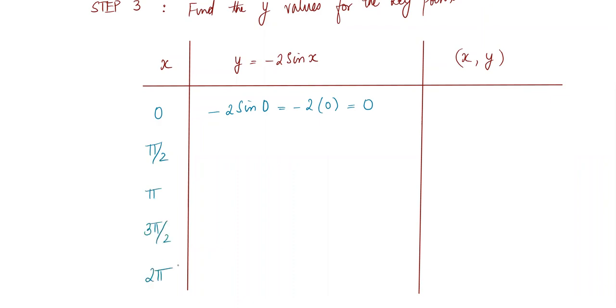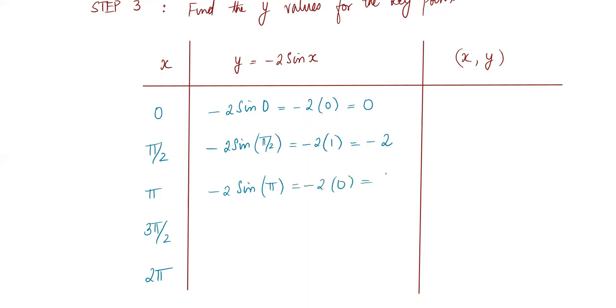So I hope you can see how I'm switching, and feel free to do that. So this will be pi over 2. Go to your unit circle: -2 times sine pi over 2. Sine pi over 2 is 1, so that comes out as -2. -2 times sine, I'm plugging in these angles in place of x.